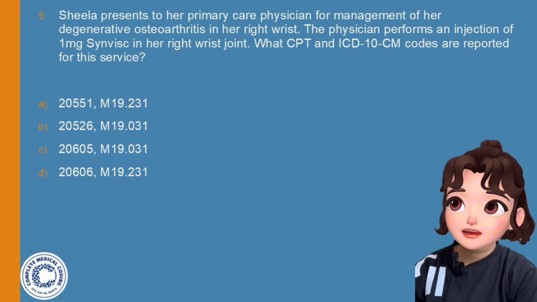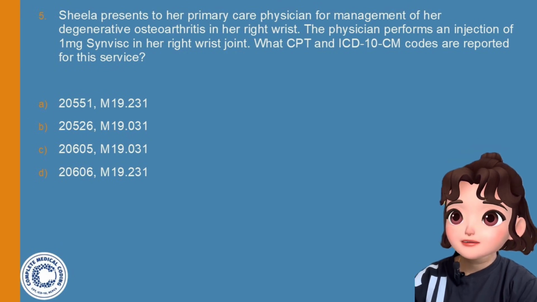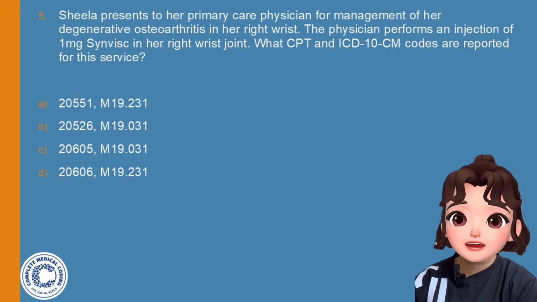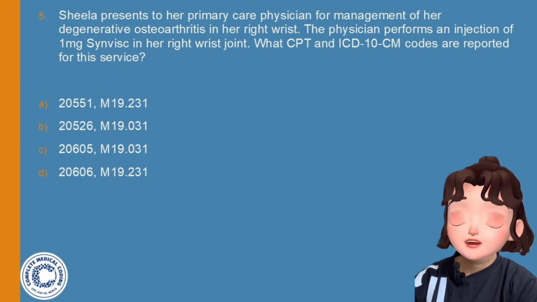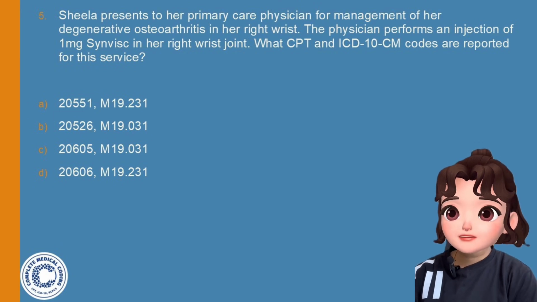So here, osteoarthritis of right wrist, degenerative osteoarthritis. And what is the procedure done here? Injection of 1 mg Synvisc in her right wrist joint. So let's check the ICD code first. What is the first ICD code? M19.231.